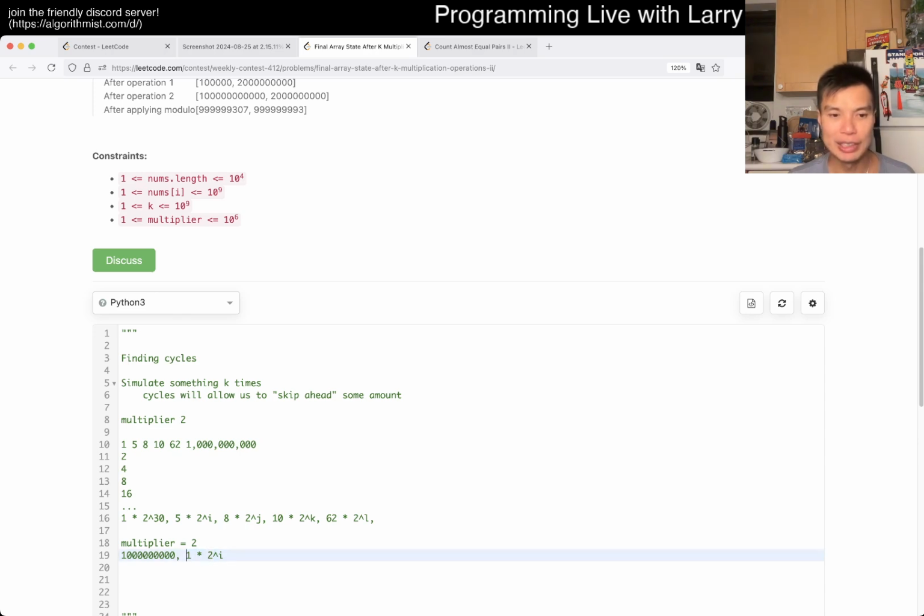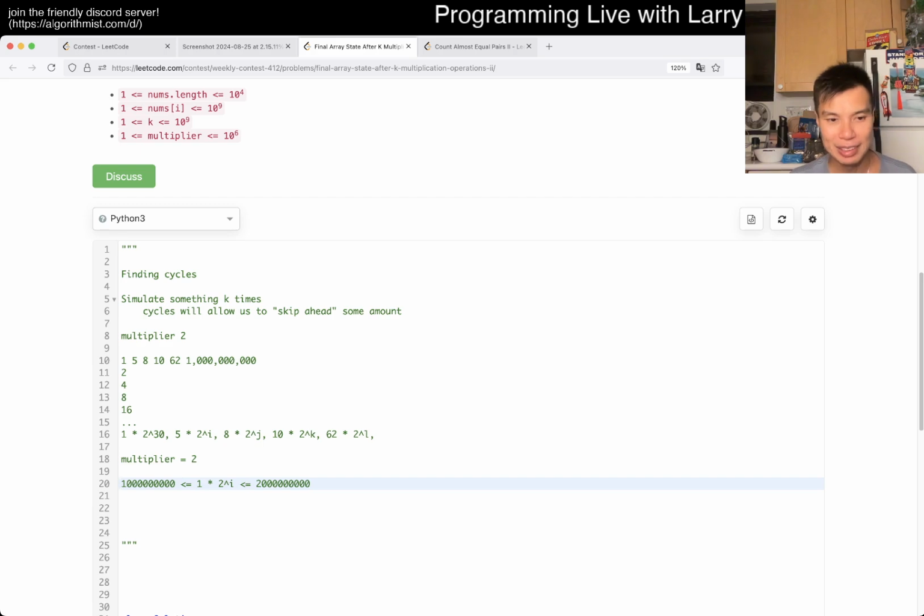after enough times, is going to be between 1 billion. Sorry, this is so hard to count. Okay, let's try again. Right, so this is 1 billion less than or equal to, I suppose, and less than or equal to 2 billion, right? Because the idea is that 1 times 2 to the I minus 1 is going to be less than, I guess in this case, for laziness, I'm going to write less than or equal to.